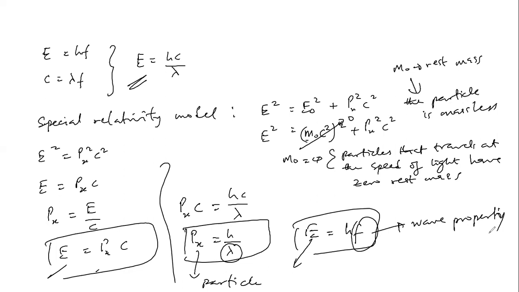Hence, de Broglie therefore assumed that these two properties hold for all matter particles, including the electron. The wave-particle duality.